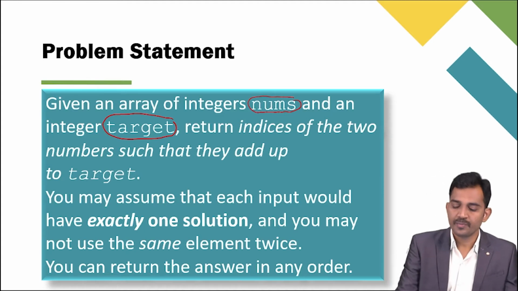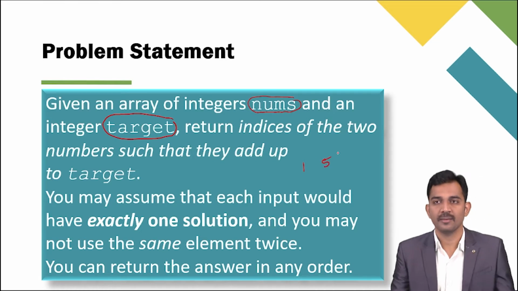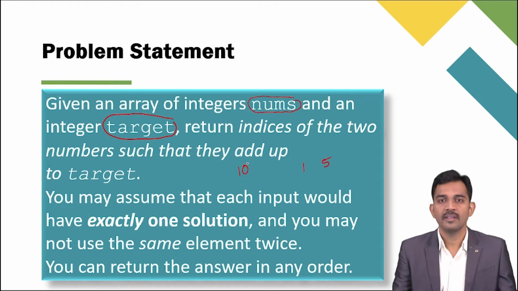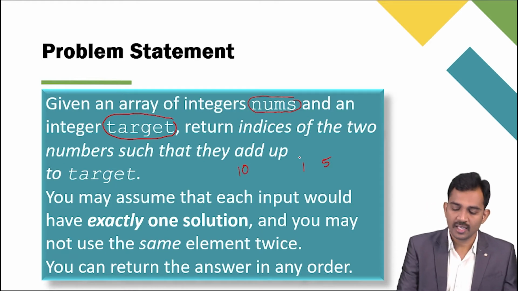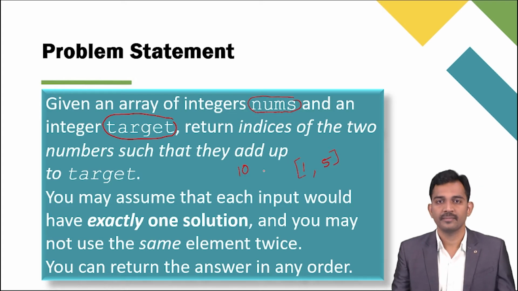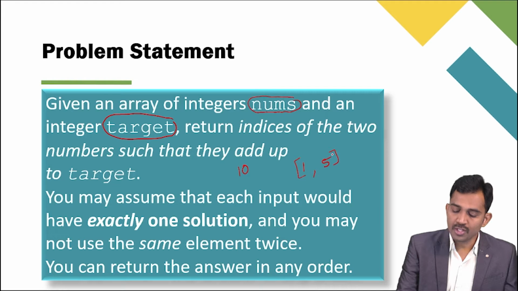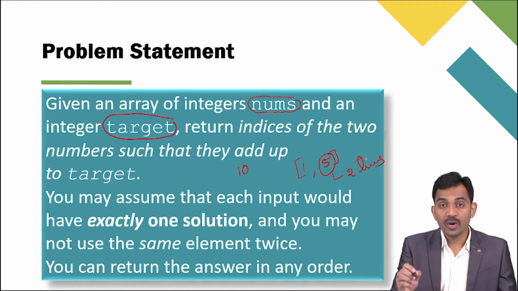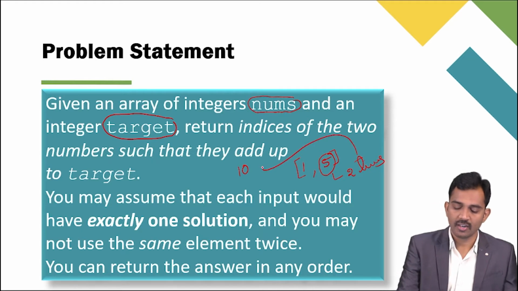For example, your elements are 1 and 5, and your target is 10. This is your n elements and this is your target. If you use 5 two times, then you will get the target of 10.